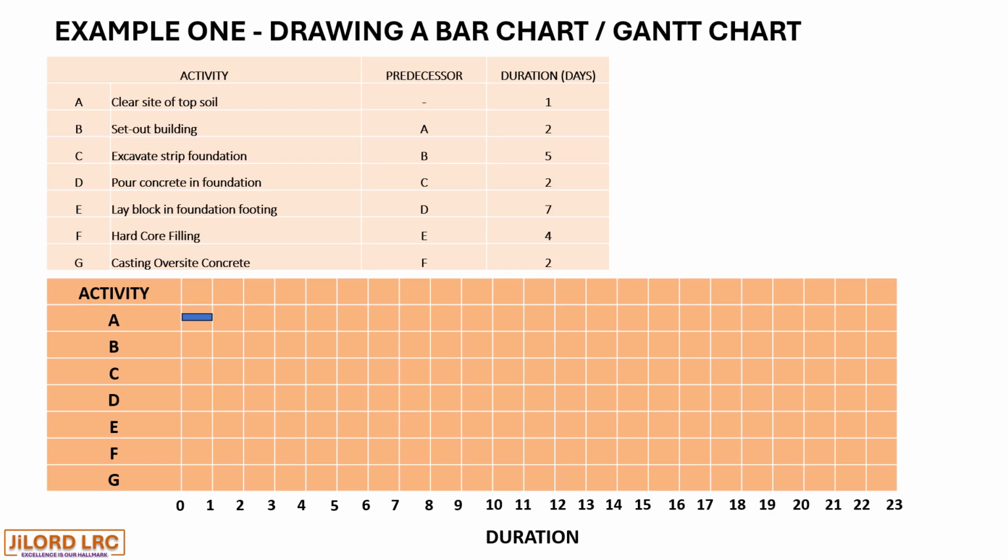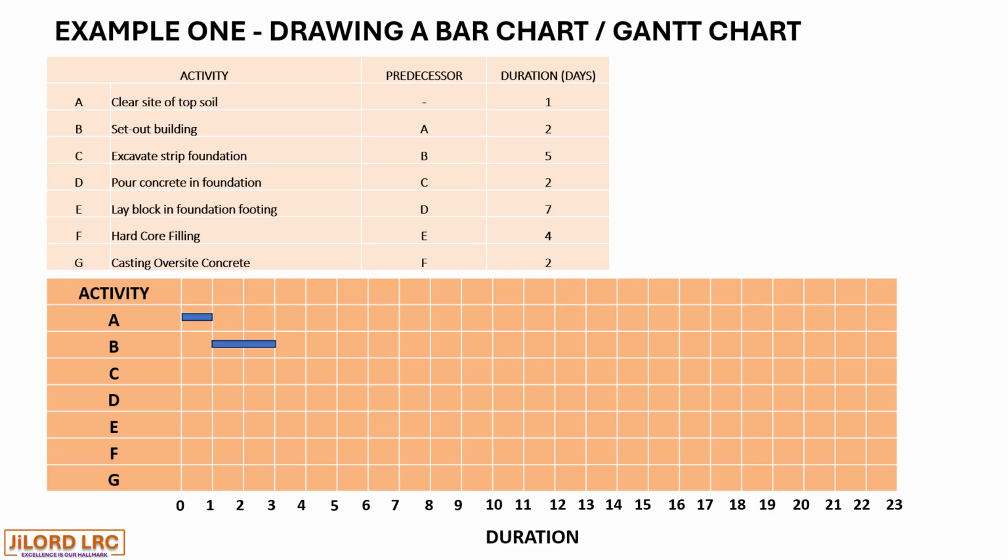Activity B commences at the end of activity A, because activity A is the predecessor activity before activity B starts or commences. Activity B has a duration of 2 days, so we count 2 days from 1, making it 3 days.